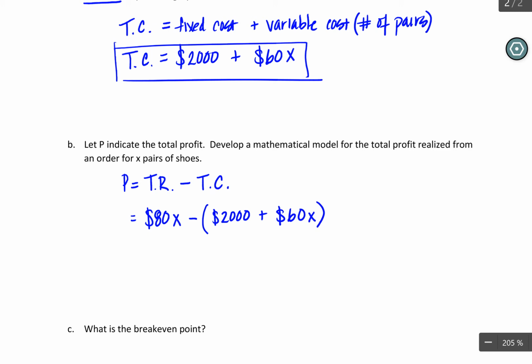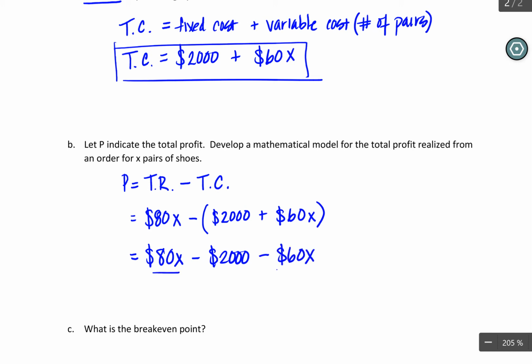Be very careful here. Total cost fits in this whole set of parentheses. If we take those parentheses out, we need to distribute our negatives. So we subtract 2,000 and we will subtract the 60x. So getting rid of those parentheses, we have 80x minus our fixed cost of 2,000 minus 60x.